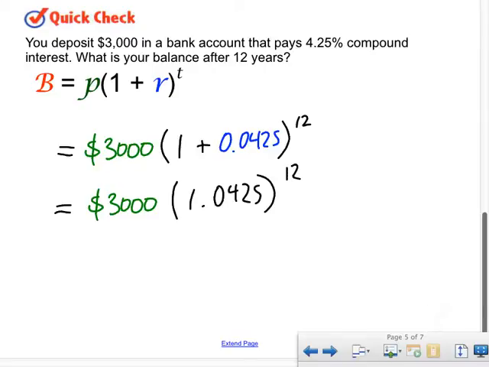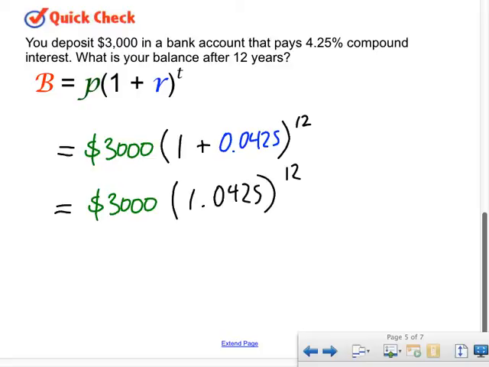Let me go ahead and tell you guys what that's going to be. So I have my base. I'm going to enter the base in, 1 and 425 10,000s. And I got to hit the x to the y button because now I got to tell it what my exponent y is going to be. I just told it what x is. You guys remember that? Okay.